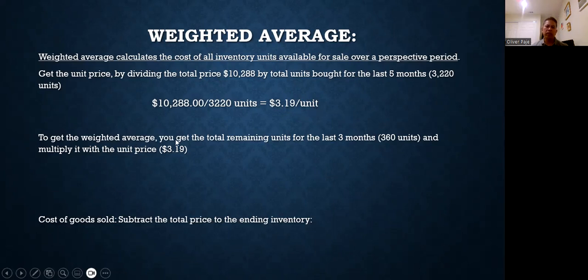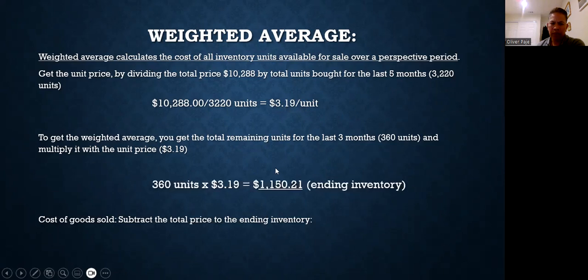To get the weighted average ending inventory, you take the total remaining units, which is 360 units, and multiply by 3.19, the average price per unit. So 360 units times 3.19 gives 1,150.21 as the ending inventory.